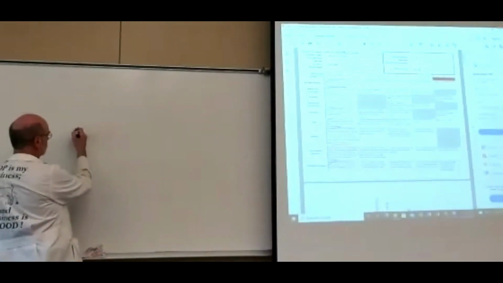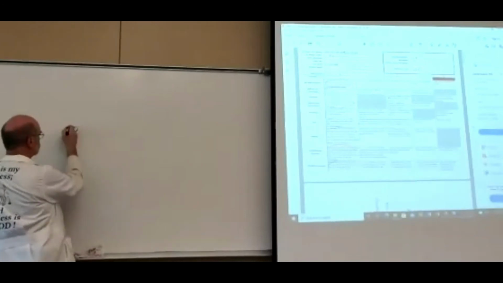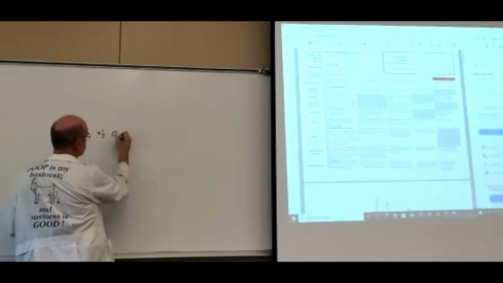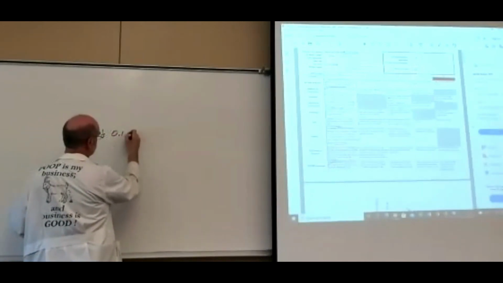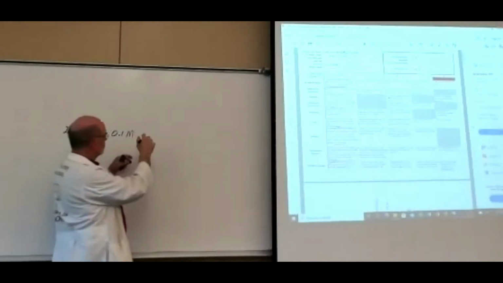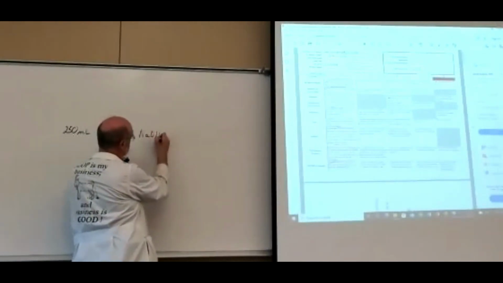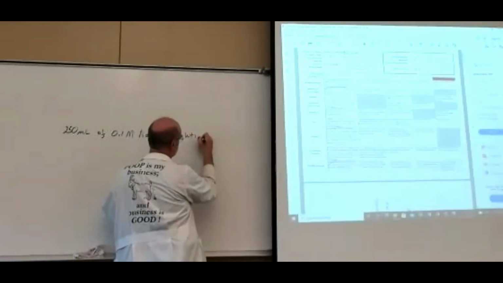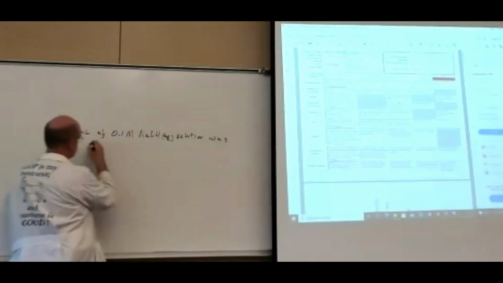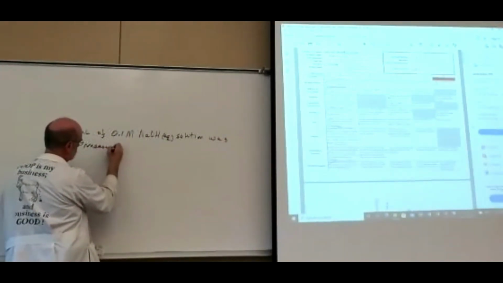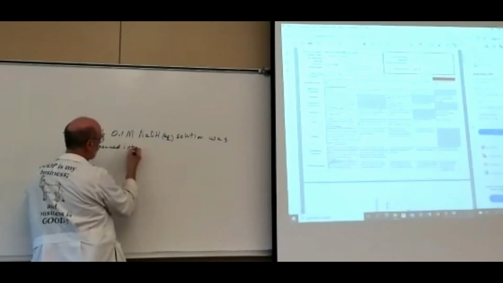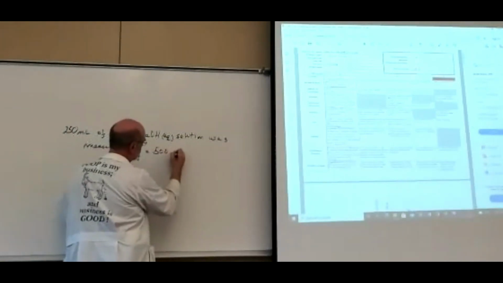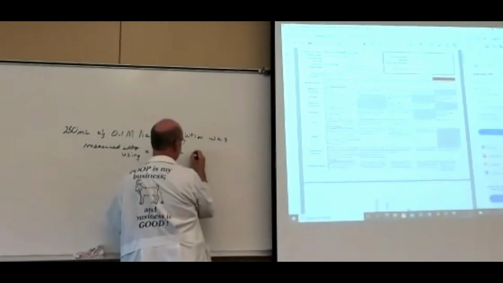So: 250 milliliters of a 0.1 molar, I don't know, you don't know what that means yet, molar sodium hydroxide aqueous solution, was measured into or using a 500 milliliter graduated cylinder.